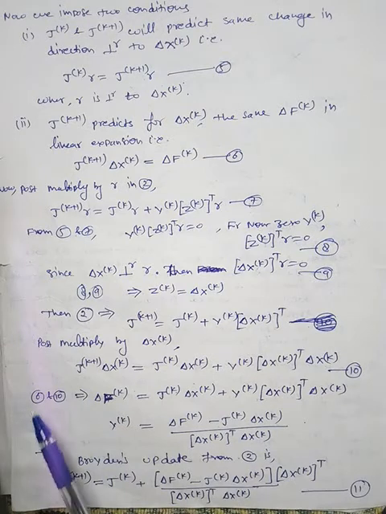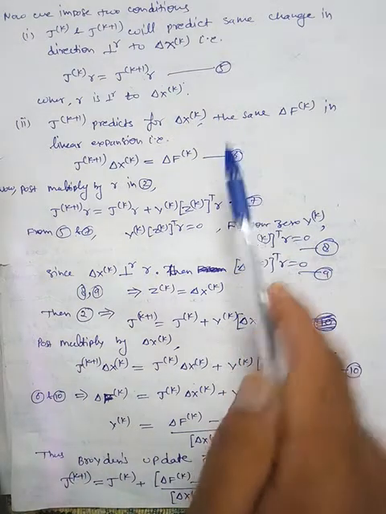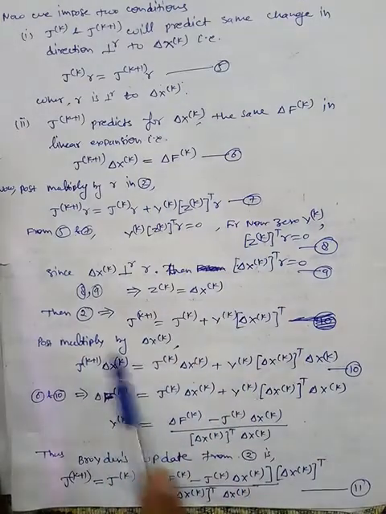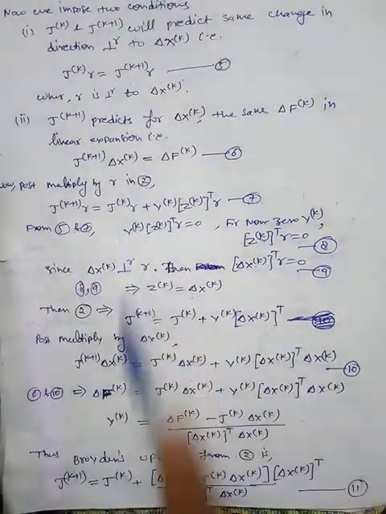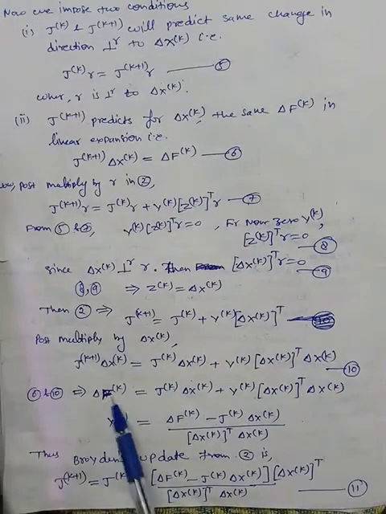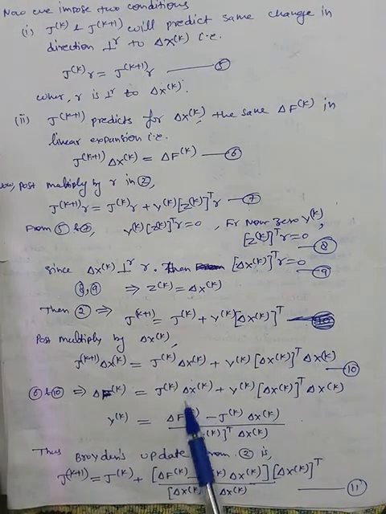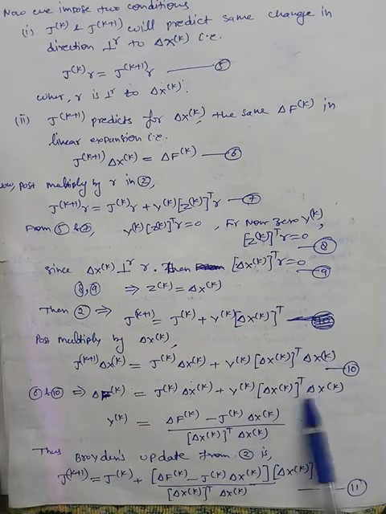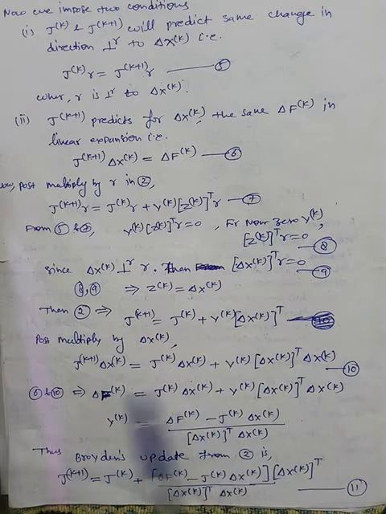Now we will use equation number 6 here. In 6, this quantity and this quantity both are the same, that's why we can replace this quantity by delta fk. So delta fk is equal to jk delta xk plus yk delta xk transpose delta xk. From here we can find out yk. Just take this quantity to the left hand side.